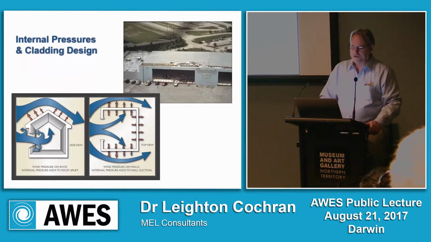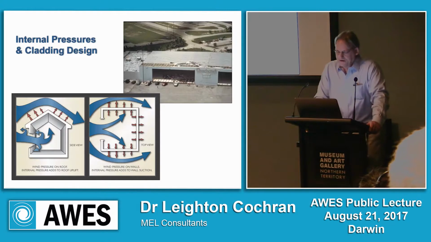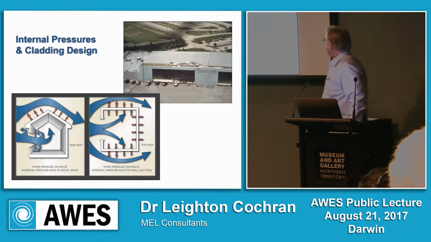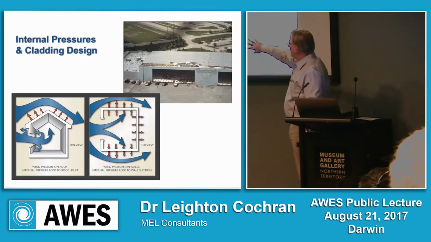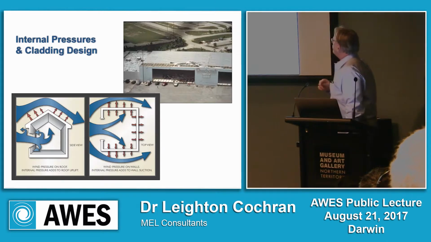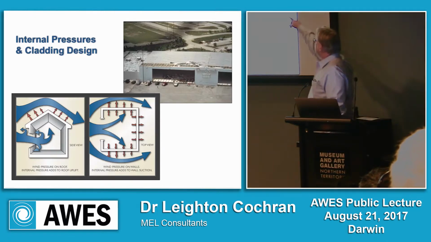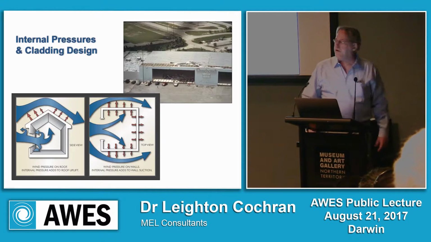One component of cladding design is also what the internal pressure is. And just to give you a feel of what we're talking about, this little cartoon sort of describes it. If you've got an open window, you can end up increasing the net loads on the walls or the roof as a result. This is an example up the top. It was Tamiami Airport after Hurricane Andrew.